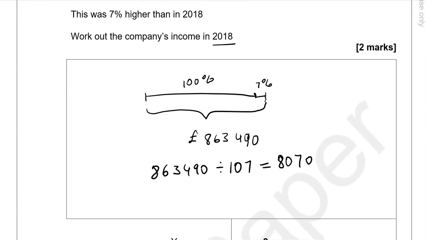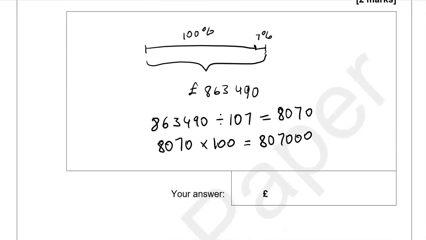So that is the 1% amount. If I multiply it by 100, I'll get the 100% amount. So 807,000 is the answer.